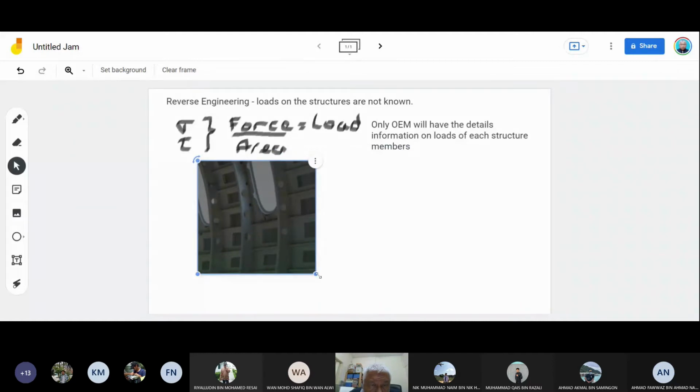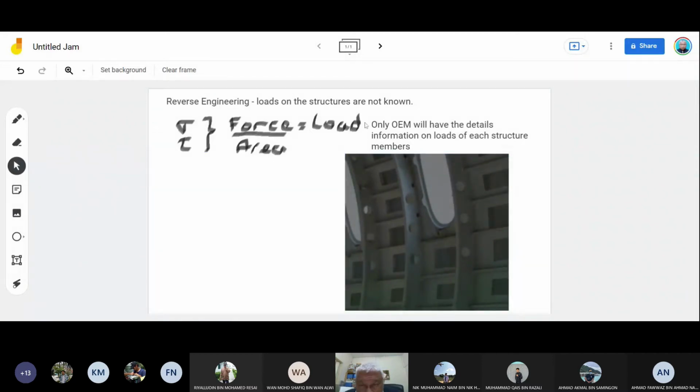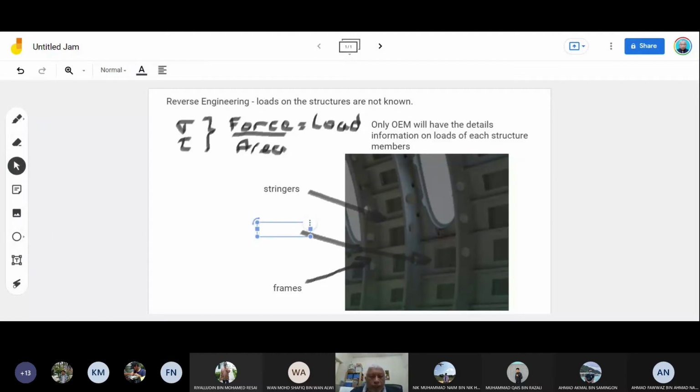So for aircraft structure, you can see we have here frames, we have stringers, this one is frames, and we have stringers, and we have skin. So this is typical construction of an aircraft.